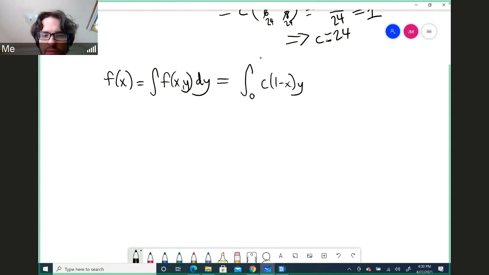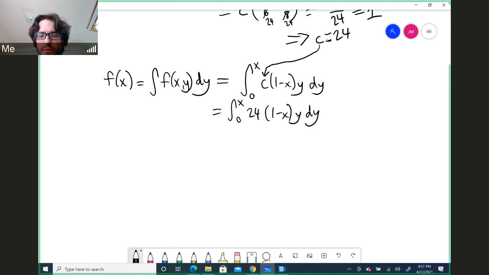And recall that this is from 0 to x, dy. And we know that c is equal to 24, so we plug it in there. And so next we have 24, 1 minus x, y, dy. And we integrate with respect to y.